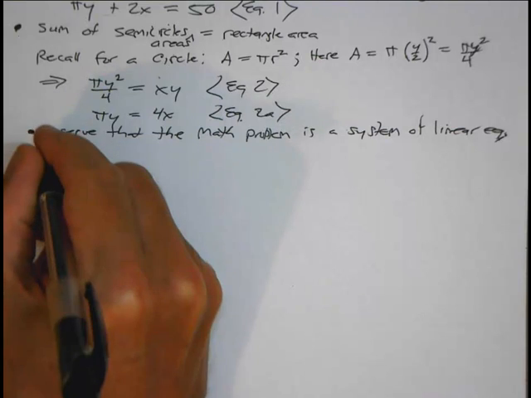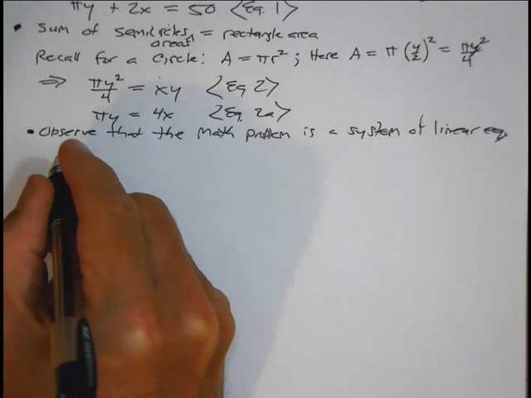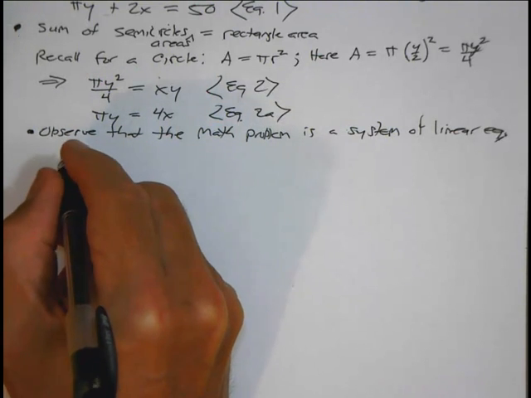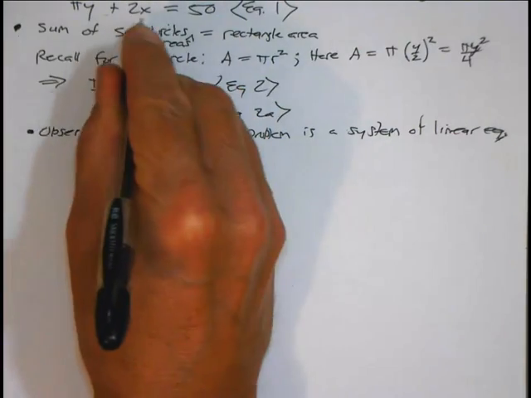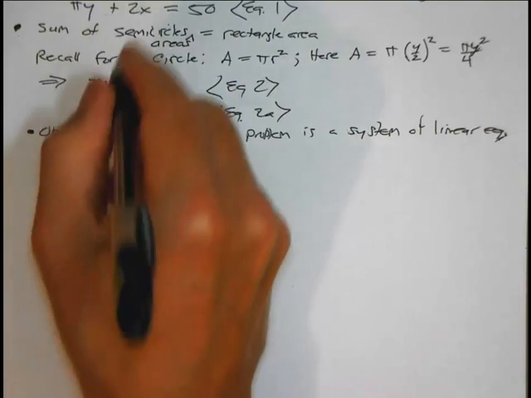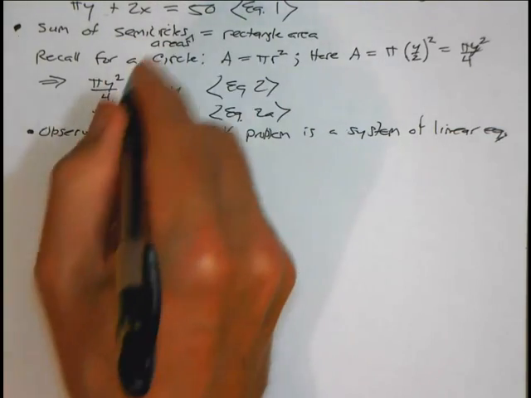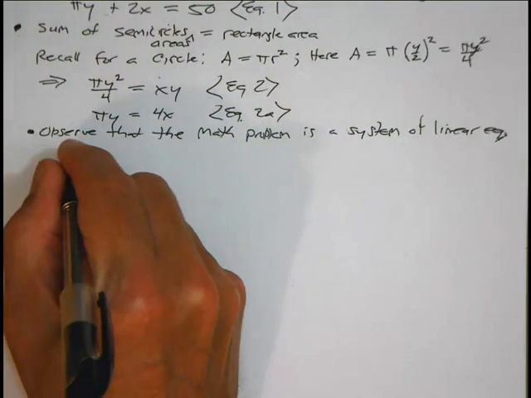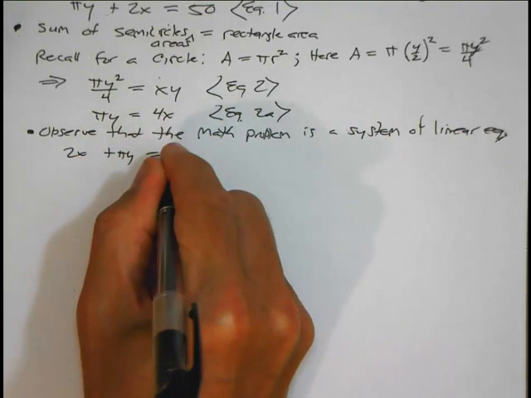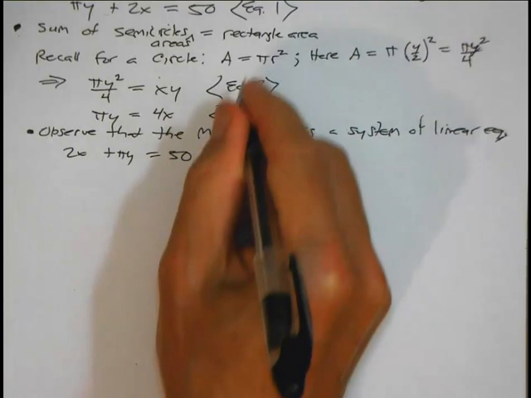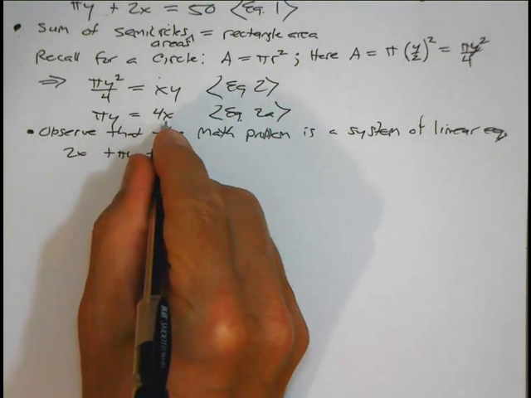Okay, to begin our solving of the math problem, let's consolidate it right here. Here's equation 1. Okay, maybe I'll put it in standard form. So that's 2x plus pi y equals 50. Equation 2a, sitting here.